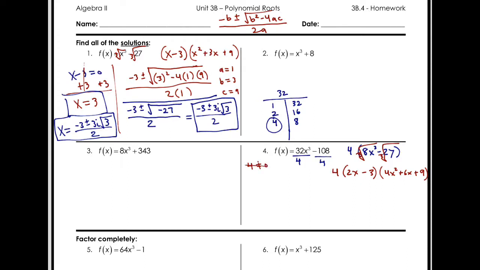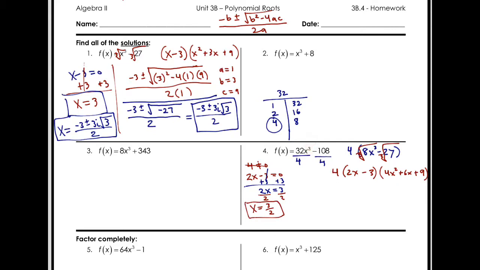Now we set this factor equal to 0, and that would be 2x minus 3 is equal to 0. We solve, add 3 there, add 3 there, that cancels. 2x is equal to 3. Then you divide by 2, divide by 2. X is equal to 3 over 2. All right, so we have one solution right there.